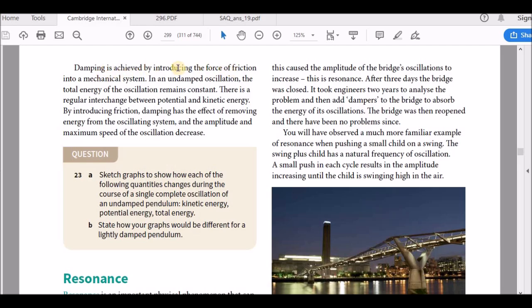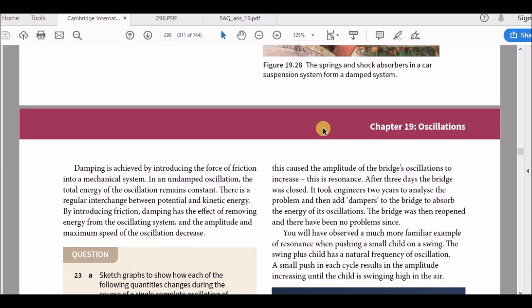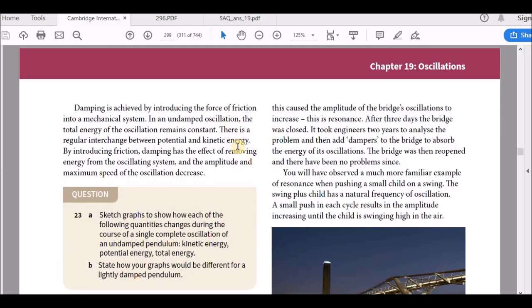Damping is achieved by introducing the force of friction into a mechanical system. In an undamped oscillation, the total energy of the oscillation remains constant. So if this damper was not there and there was no friction, when the car goes over a bump it would continue to oscillate up and down. There is regular interchange between potential and kinetic energy.